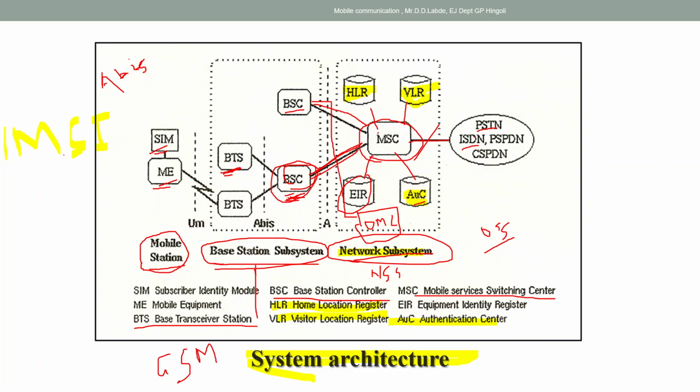In the MSC, all the billing, management, call handling, call forwarding, and all the information related to the mobile handset or user is stored, and your MSC is again connected to the landline or other networks.